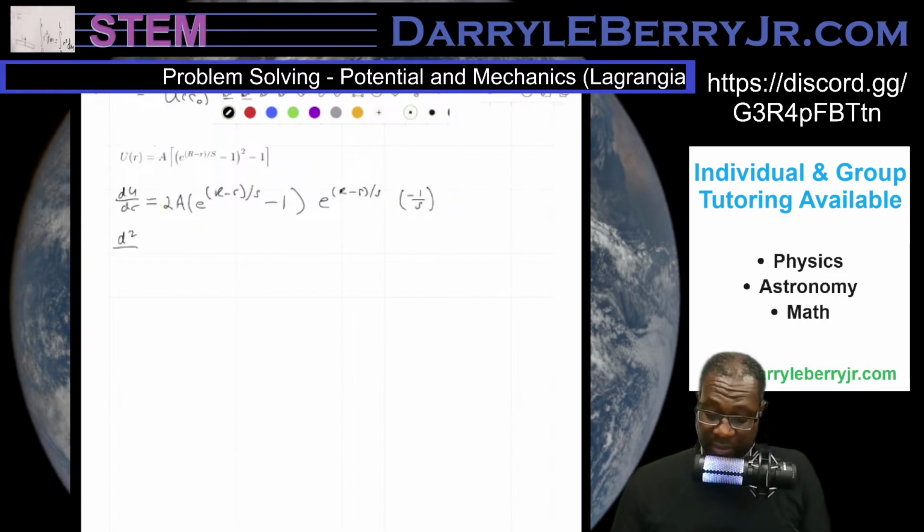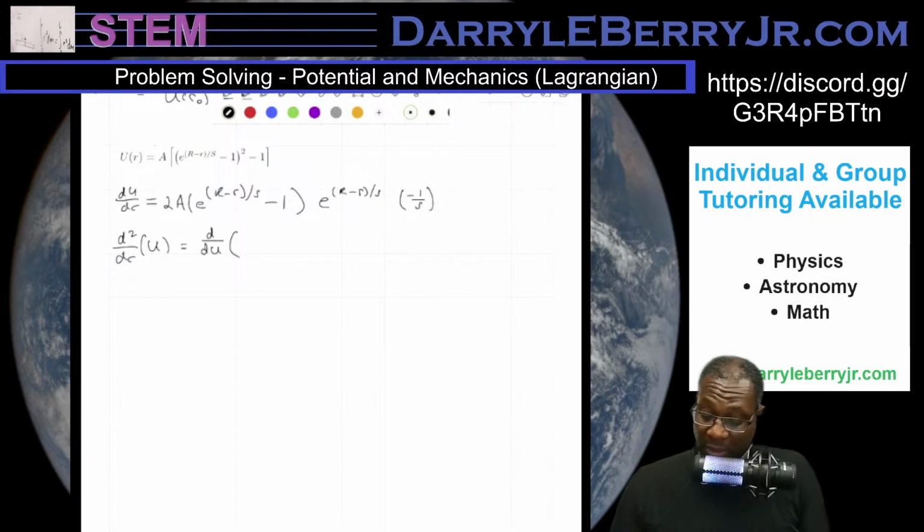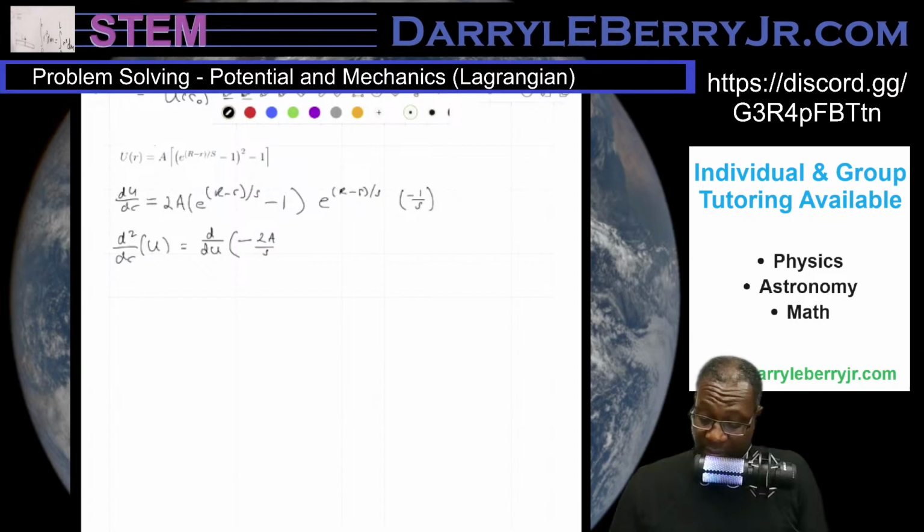So d squared dr u equals d du. And I'm going to simplify this. So I'm going to have negative 2a over s times e.